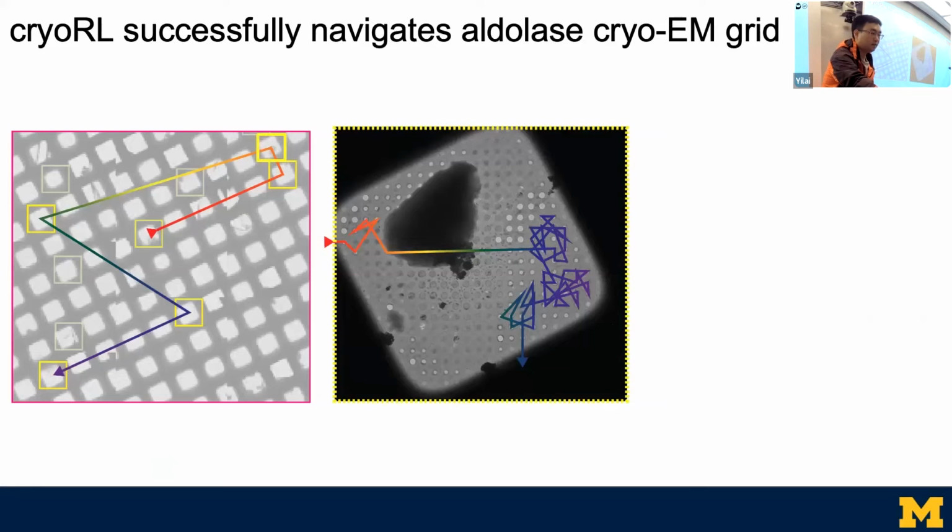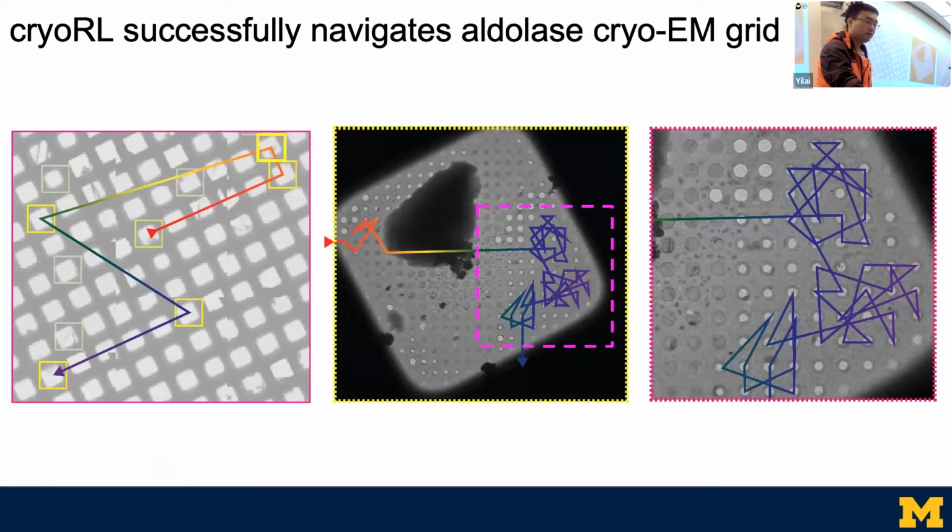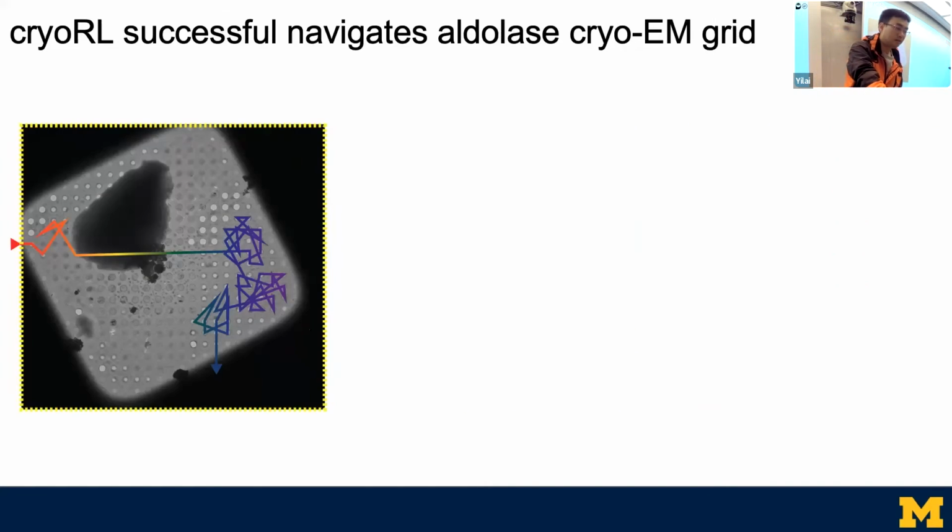So this is a trajectory overlay on the square level image. When you zoom in over here, you can clearly see where it collected the data set from, and the trajectory is panning. Because we also have the ground truth of almost all the holes here in the square, we can overlay the ground truth on top of this image and also on top of our trajectory.